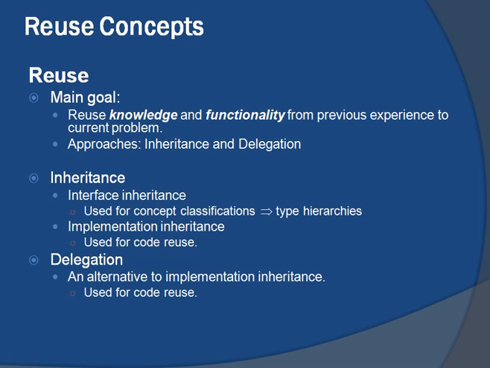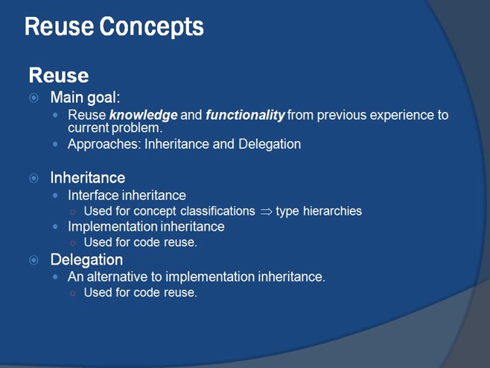Now we'll have a detailed understanding of the reuse concept. The main goal of reuse is to reuse the knowledge and functionality from previous experience to current problems. The approaches may include inheritance and delegation. By inheritance, we mean making use of the concept of classification based on type hierarchies.